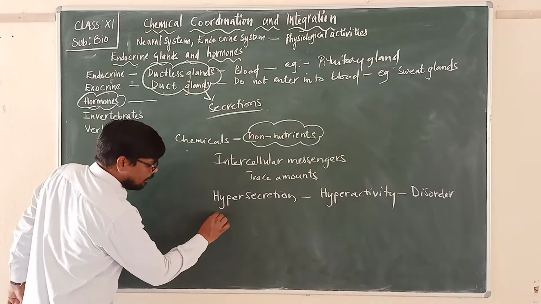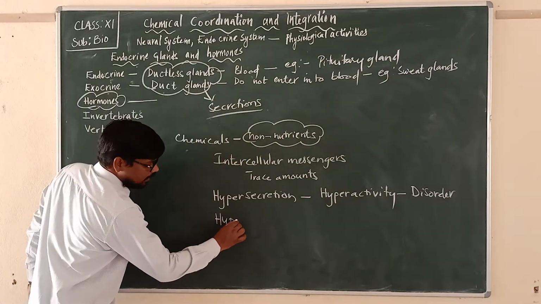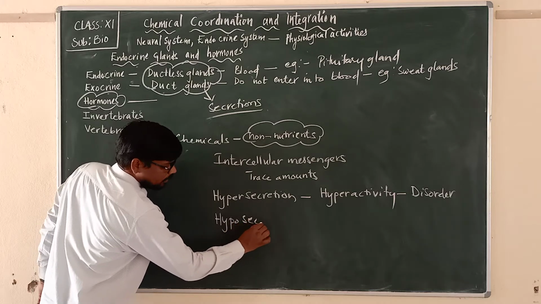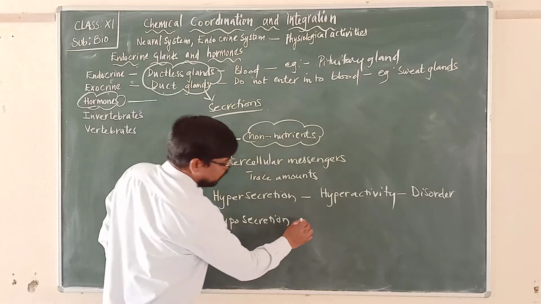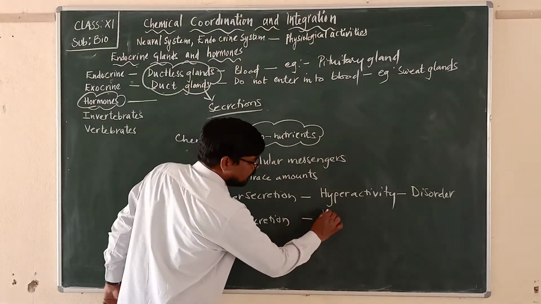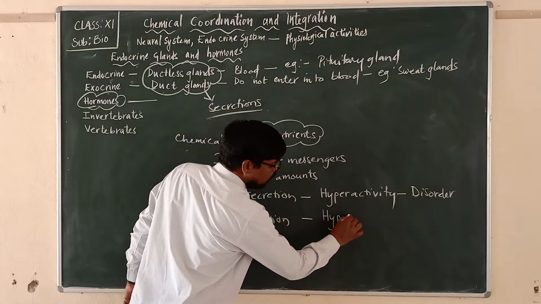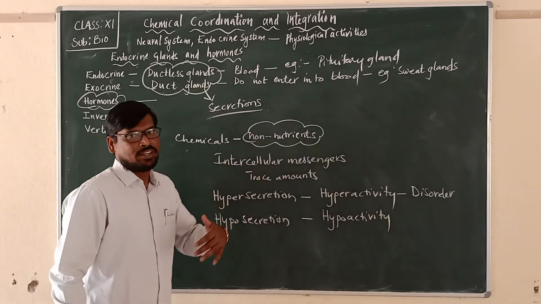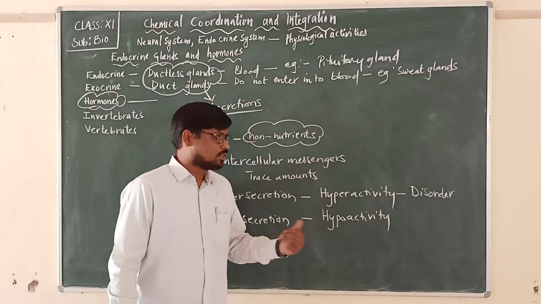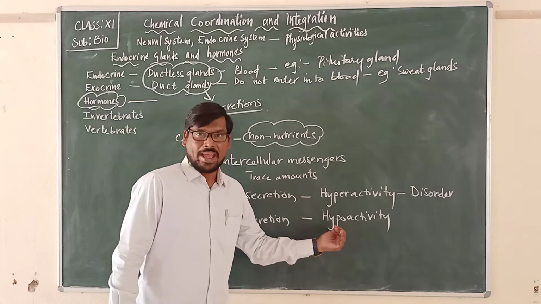And at the same time, if it is produced in less quantity, we call it hyposecretion. When there is hyposecretion, it may lead to hypoactivity, meaning the role of that particular hormone is reduced. So we call it what? Hypoactivity.